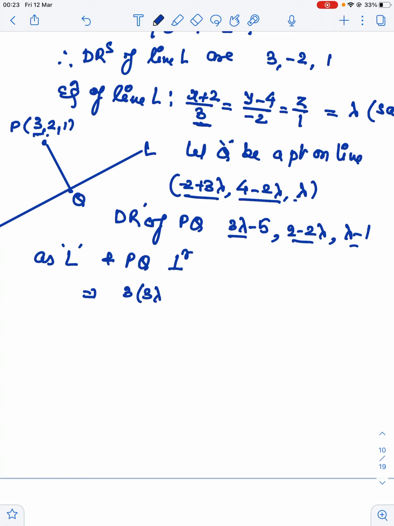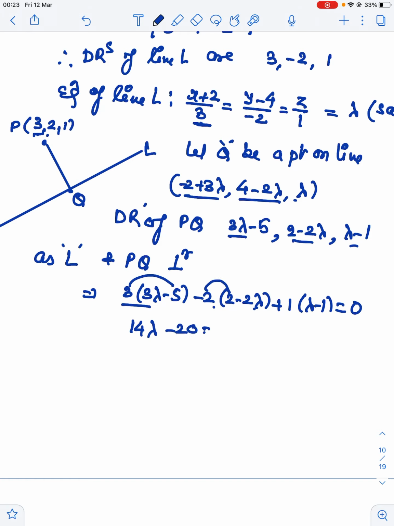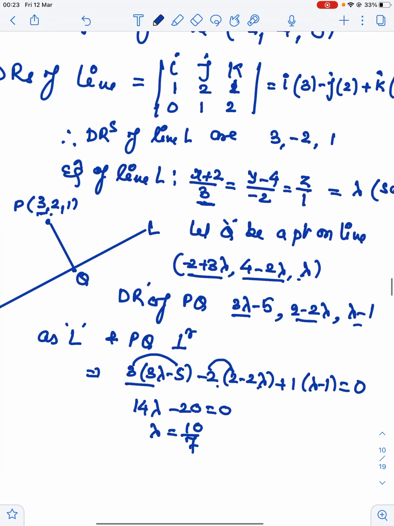So 3 into (3 lambda minus 5) minus 2 into (2 minus 2 lambda) plus 1 into (lambda minus 1) equal to 0. The lambda terms give 9 plus 4 is 13, and 1 is 14 lambda, and the constant is minus 15 minus 4 is minus 19, and minus 1 is minus 20, equal to 0. So lambda is 10 by 7.